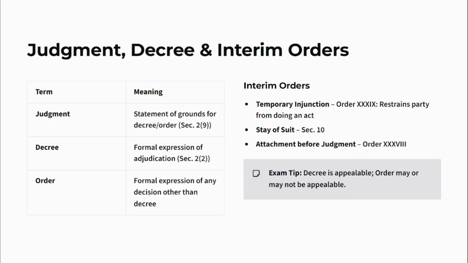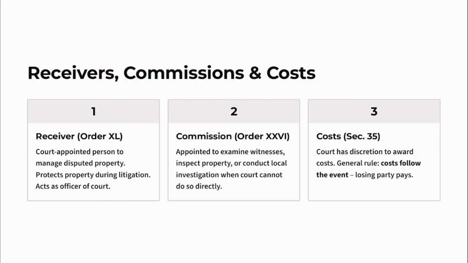Attachment before judgment: the court holds the defendant's property early so they can't sell it off to avoid paying later. Then we'll go to the next slide: receiver, commission and cost.